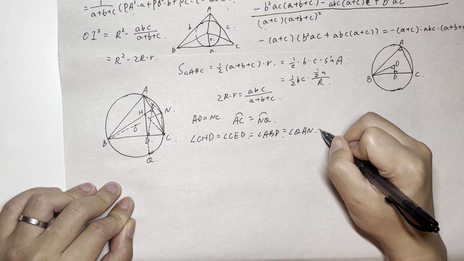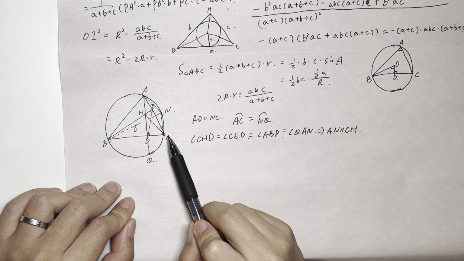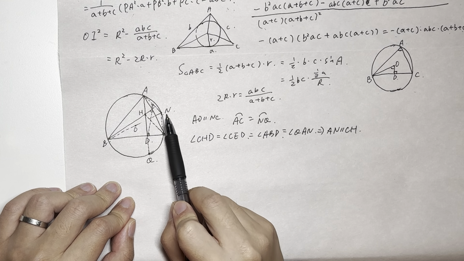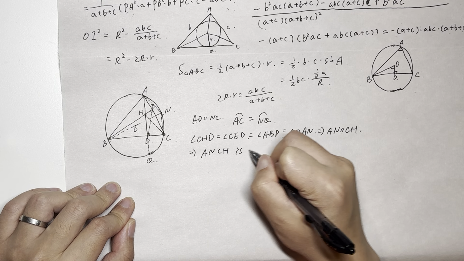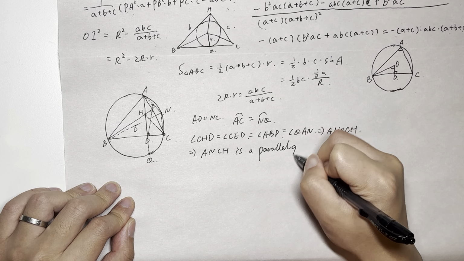Which means AN is parallel with CH, right? So AH is parallel with NC, AN is parallel with CH. We got that ANCH is a parallelogram, right?